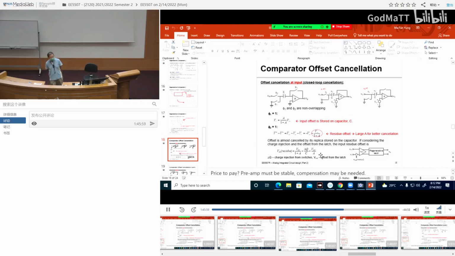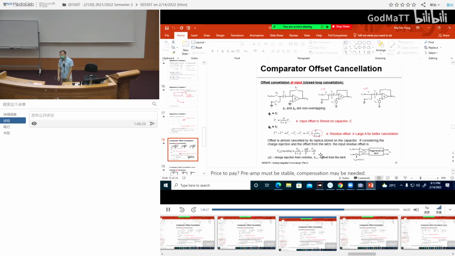You'll be surprised, this latch offset can be quite high. If you don't believe me, you can run some SPICE simulation. That means you build a latch, the latch cross-coupled, PMOS, NMOS, and then you put identical devices, but because of mismatch, they are not really balanced.